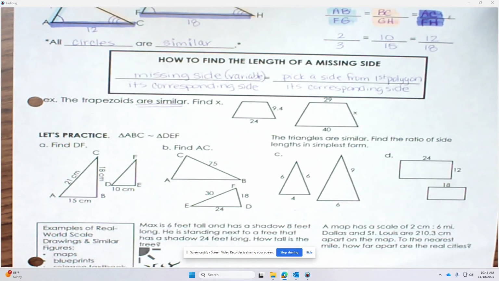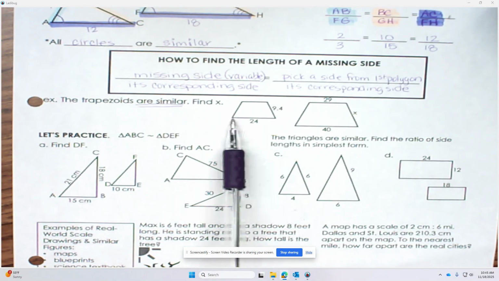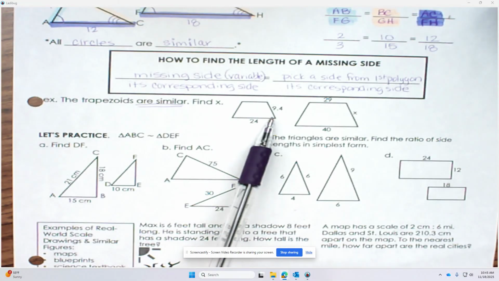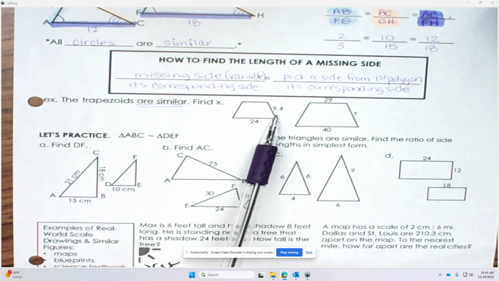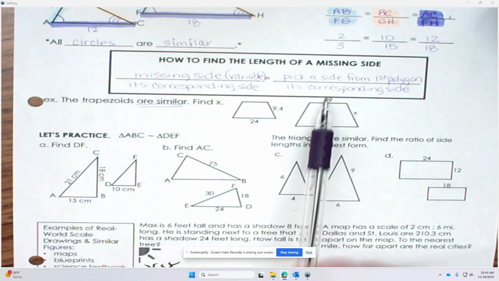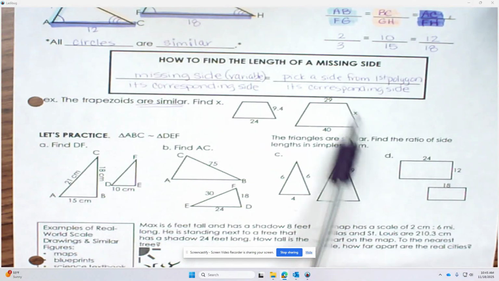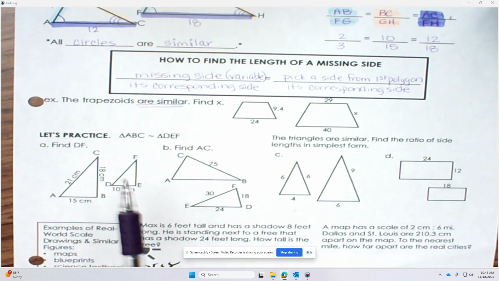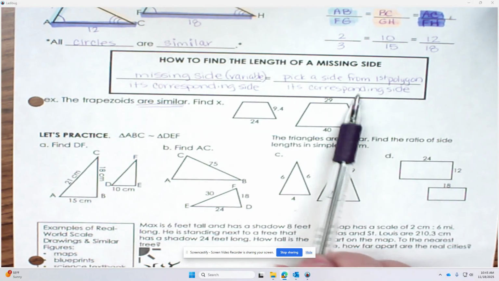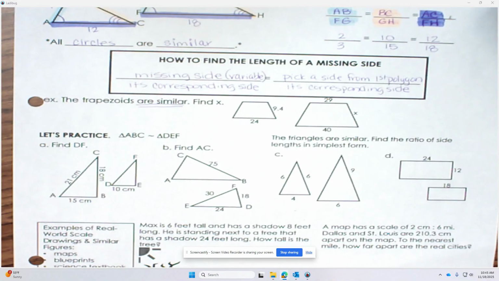Once we know they're similar, we can use that information to solve for unknown information. So let's look at this and see what we know. We know that this bottom side is 24, and this right side over here is 9.4. For here we know the top side is 29, the bottom is 40, and this right side is an unknown. So we need to set up a ratio to solve for x.